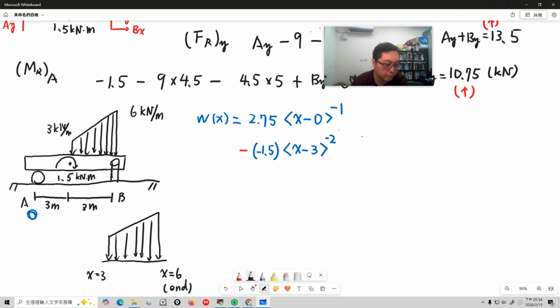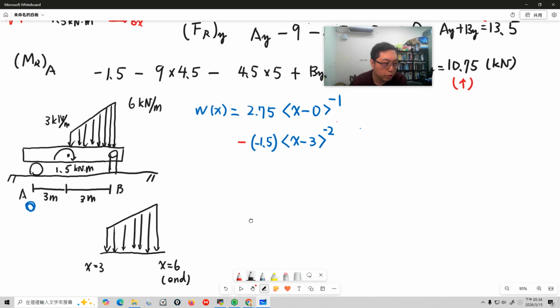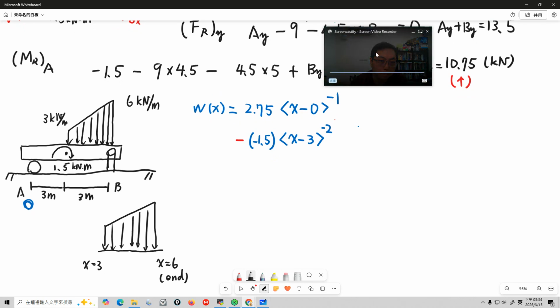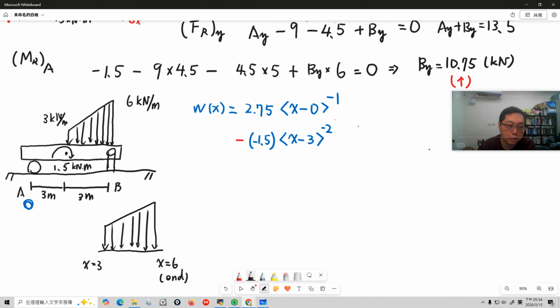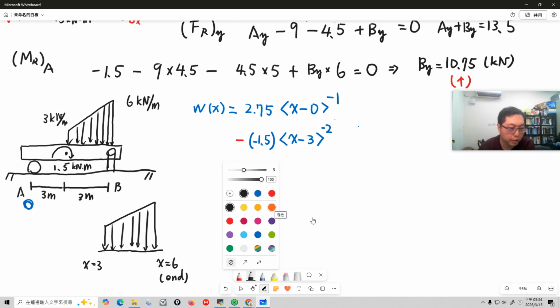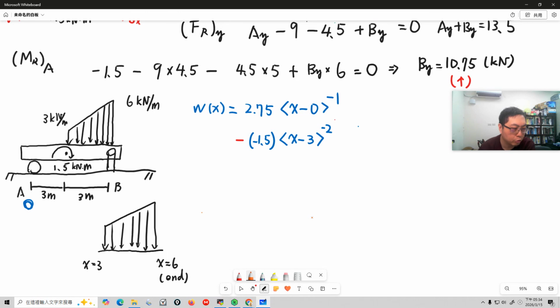How do we represent this distributed load by a discontinuity function? We do a simplification. This trapezoid load can be decomposed as the combination of a rectangle and a right triangle.